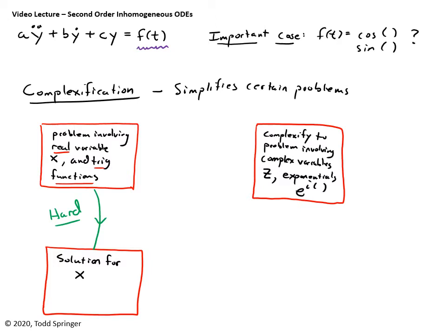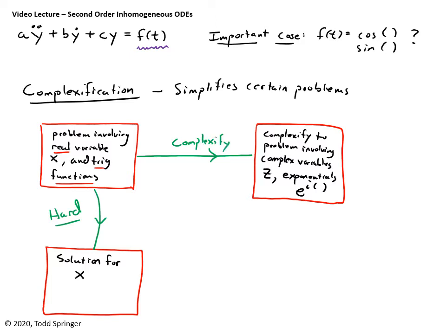I'm not going to try and solve it as written. I'm going to first change it into a different problem, which involves complex variables, and instead of trig functions I'm using exponentials. This is what I'm calling the complexification.